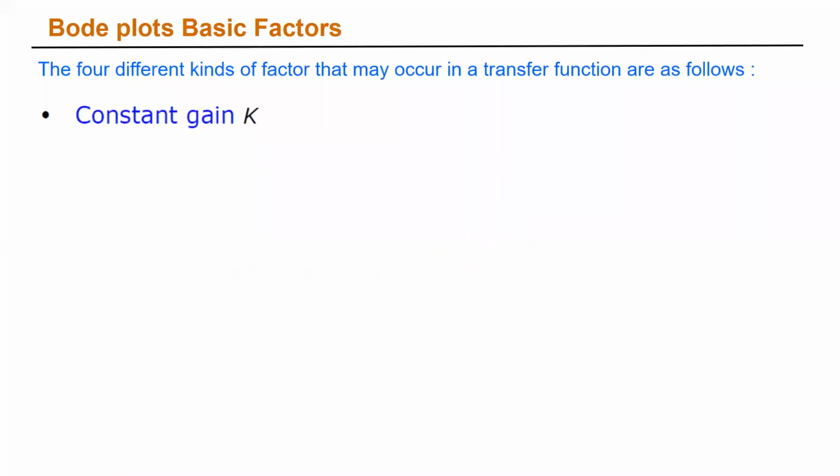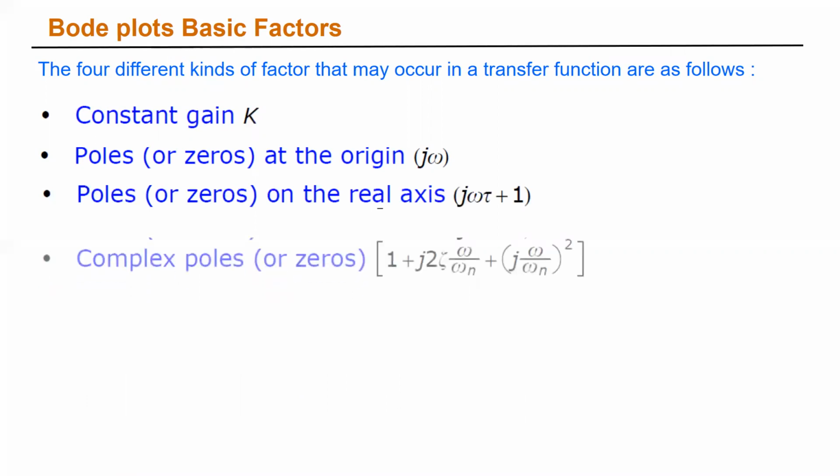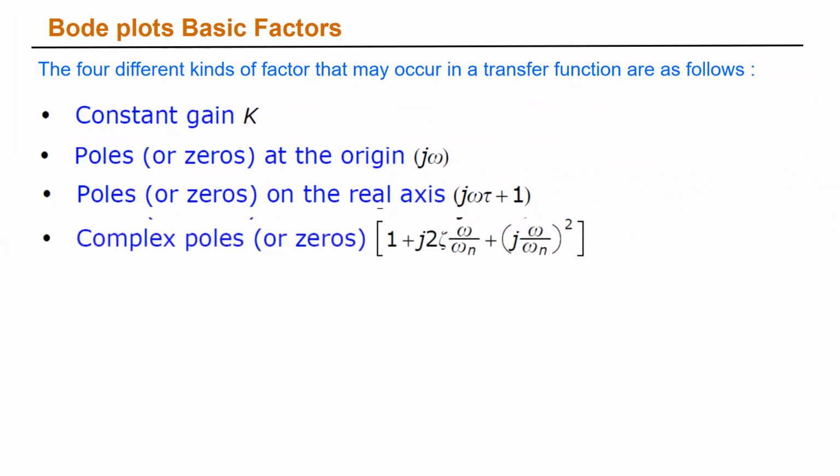I will be addressing four factors. The first one is the constant. The other is a pole or zero at the origin, then a simple pole or zero, and complex conjugates. Once I understand how to sketch those various factors, I can do the whole thing by adding their effects. Any question?